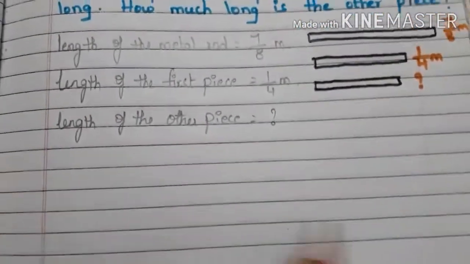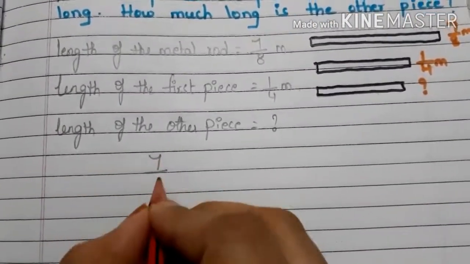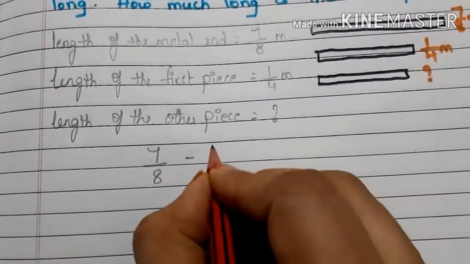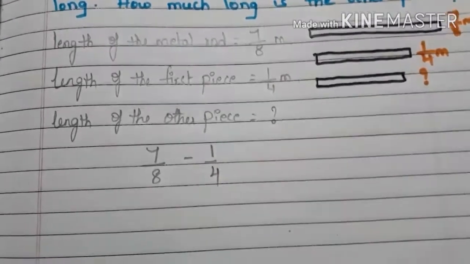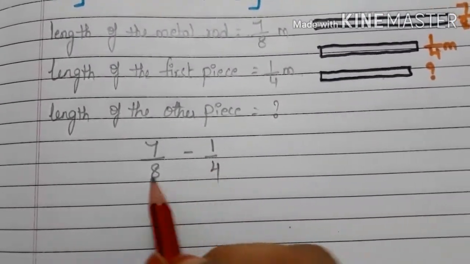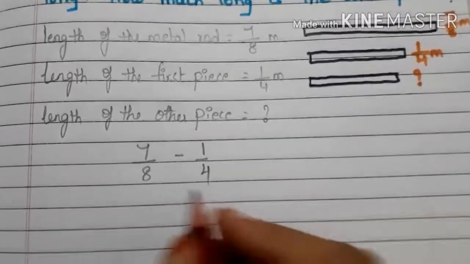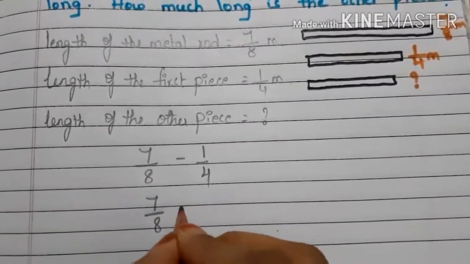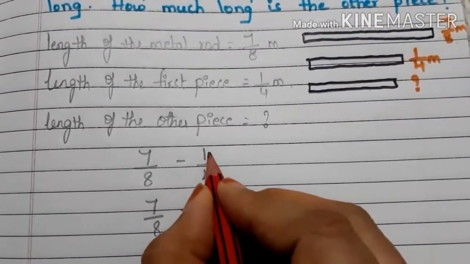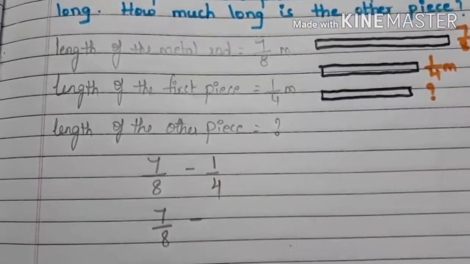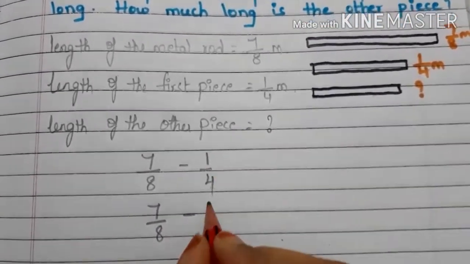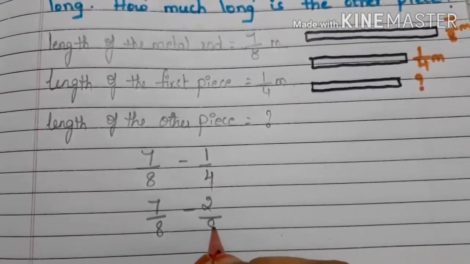Now do the subtraction. 7 by 8 minus 1 by 4. Okay, observe the denominators. See, 8 is a multiple of 4. Then what we have to do? Take this fraction and multiply the numerator and denominator with the number 2. So 1 2s are 2, 4 2s are 8.